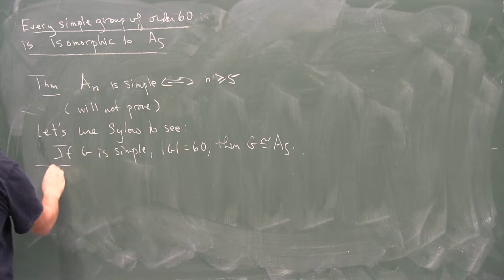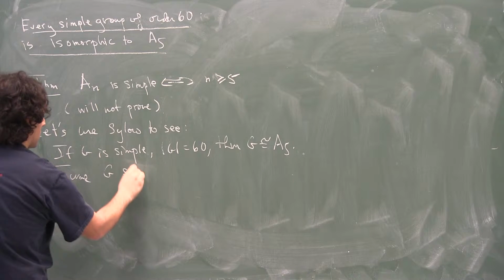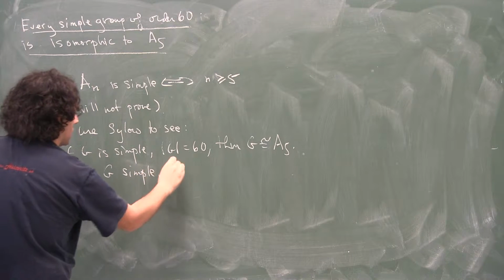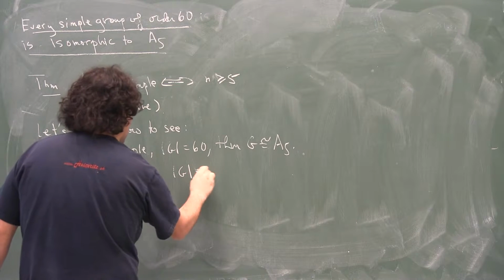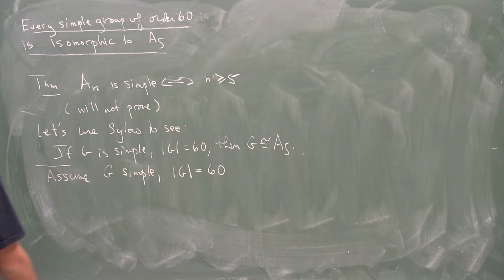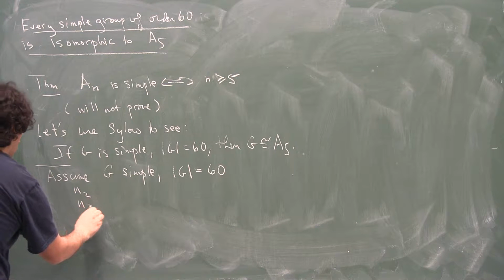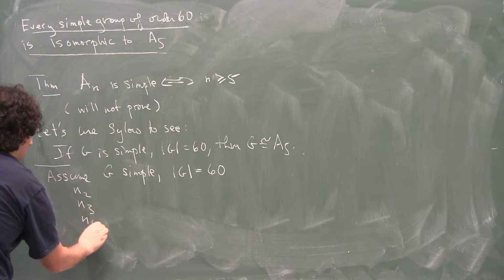Okay, so assume G simple, order of G is 60. We want to show G is isomorphic to A5. So we have n_2, n_3, and n_5.